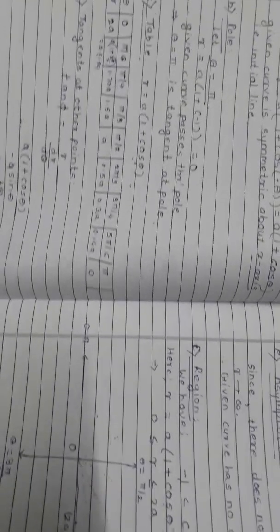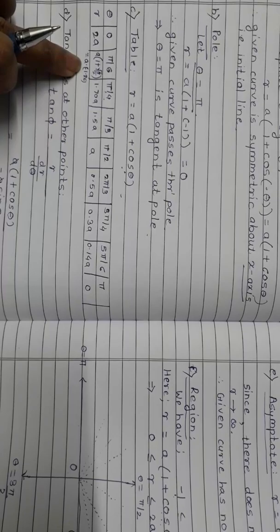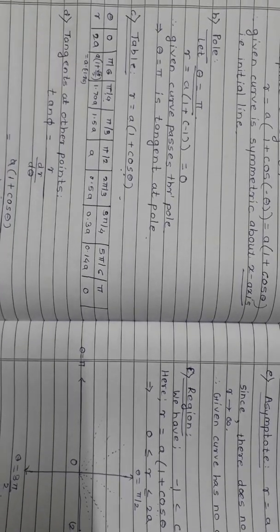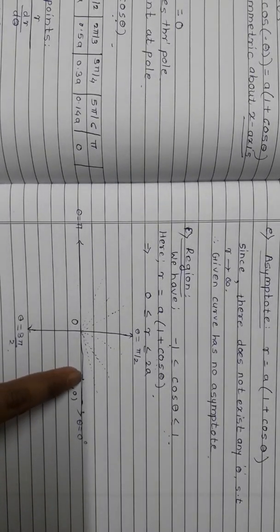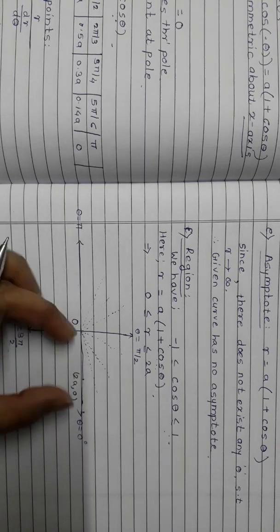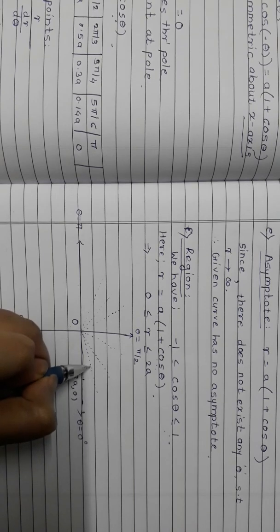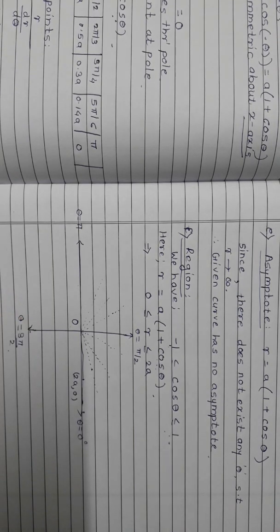At 30, what we have? It becomes a into 1.86. So the distance is 2a first. Now it is decreasing to 1.86, so surely it will be less than this distance. So on this line, I am going to consider this as 1.86.